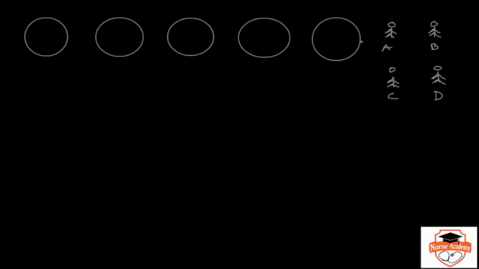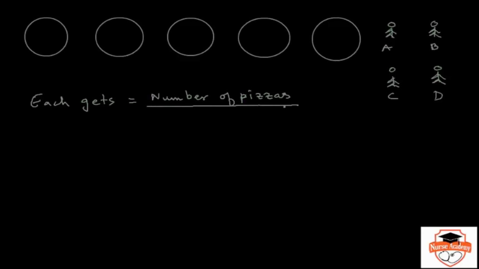This time we are going to order more. So 1 pizza for each one would need 4 pizzas in all. They have ordered 1 extra. And we already know that each one's share is going to be the number of pizzas divided by, or over, you know the fraction bar means division, the number of people.